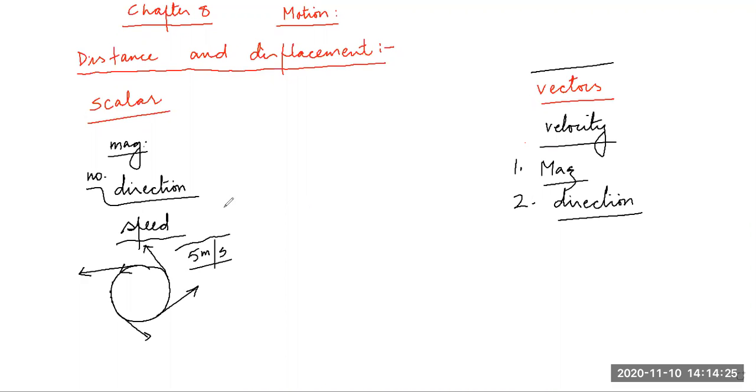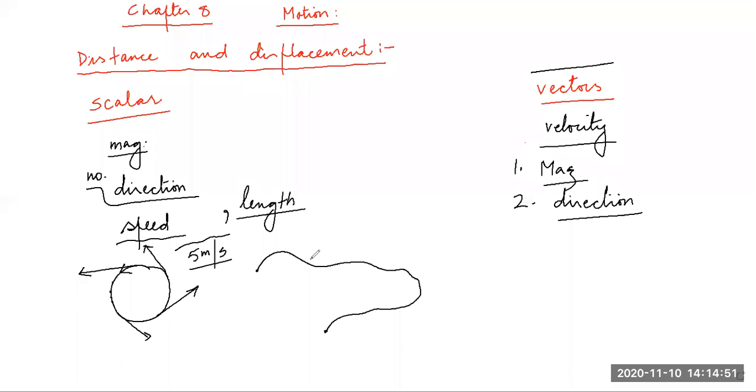Similarly, students, for example, length. If I talk about length, this is again a scalar. Maybe this is the rope. The rope is here. So what is the length of the rope? The length of rope is a scalar.